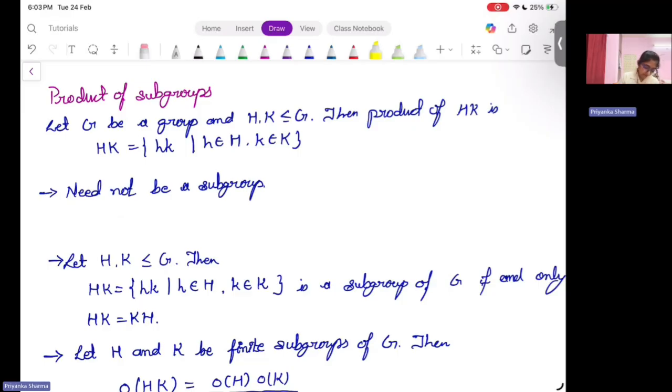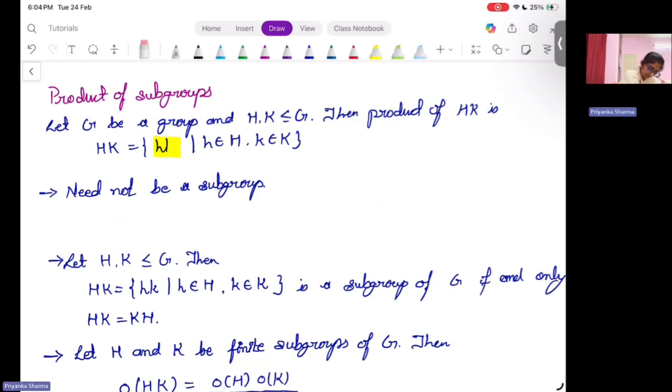Suppose we have a group, say G, and H and K are two subgroups in G. Then product of H and K is the collection of elements of this form HK, like product of elements of H and K, keeping the order in mind. That is, first we will have elements from H and then from K, and we will compute their product using the group operation.